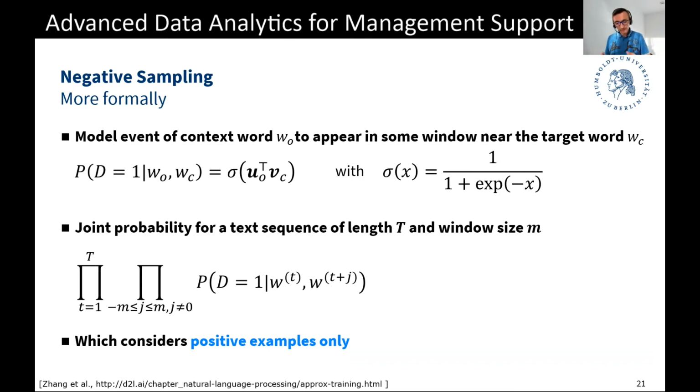And with this setup, we can once again write down the joint probability, where we always run over a context window of size m, and then maximize the probability of these words occurring together. And we do this, again, for the entire data set. That's the first product, t from 1 to capital T, for all the possible target words in our corpus.